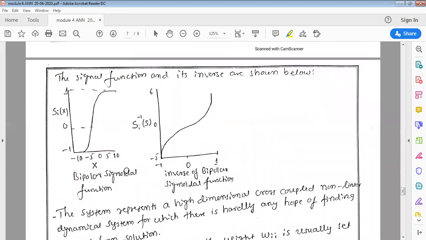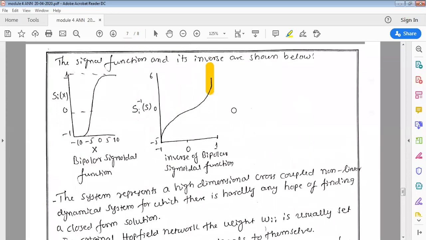The bipolar sigmoidal function starts from minus 1, ends at plus 1, and at the middle point it becomes 0. The inverse of this, let us say, starts from a certain value like minus 5 and goes to larger values, because I have shown a peak at this point. This is how the plot will go, the signal function and its inverse.